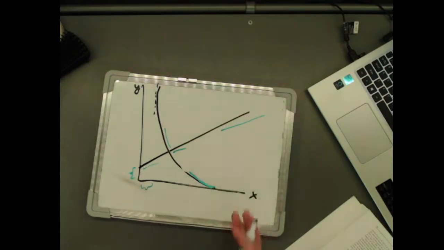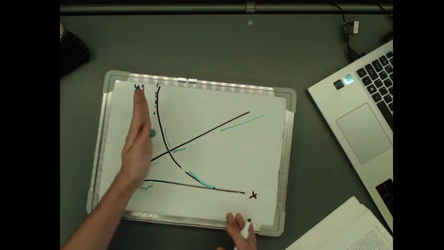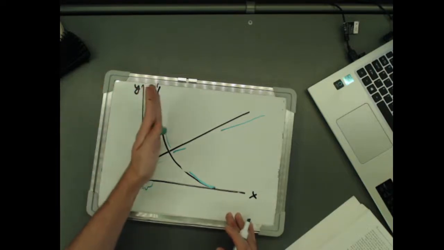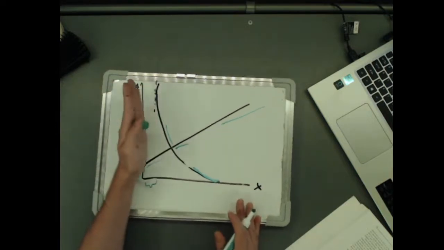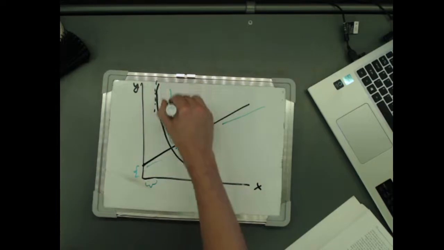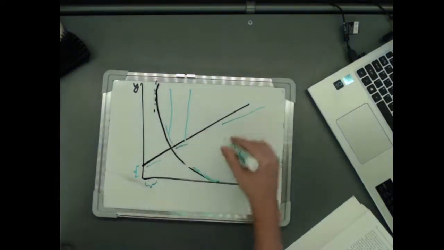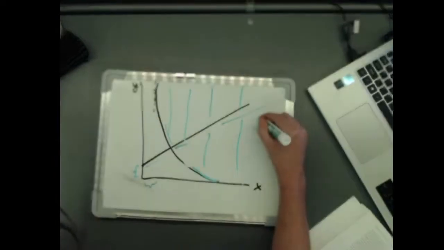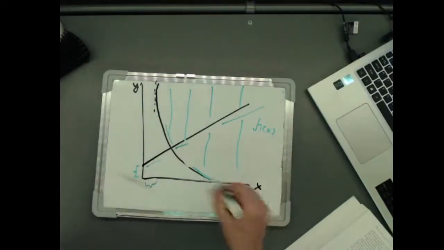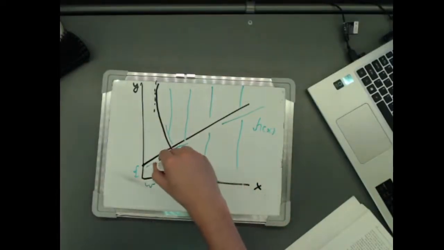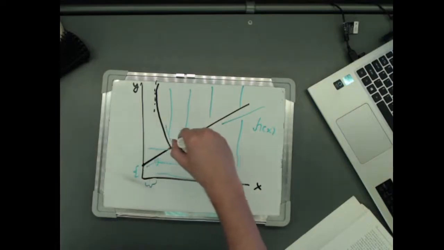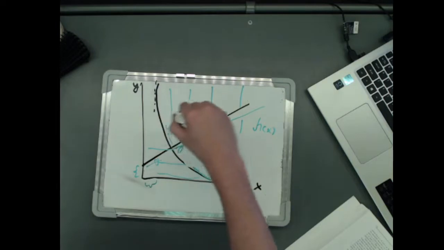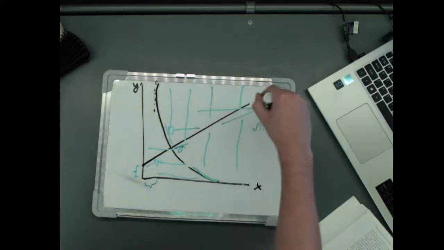I know this kind of looks like a mess right now, but if you check, it'll pass the vertical line test at every point. If you go down, there's only one point on the function h of x, and if you go horizontally, still only one point.